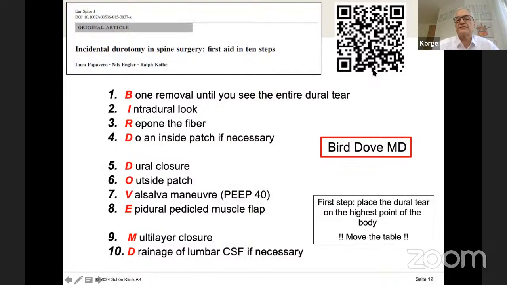So for those who are just watching the meeting, they can take the QR code and then they have the publication already. There are 10 steps. He called it Bergdorf, MD. But the first step, probably the zero step, is that you have to position the patient. The highest position of the patient should be the dural tear in order to reduce the CSF leakage.